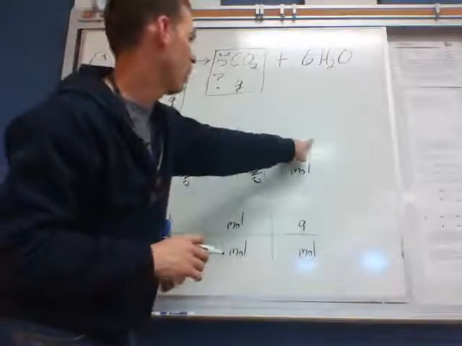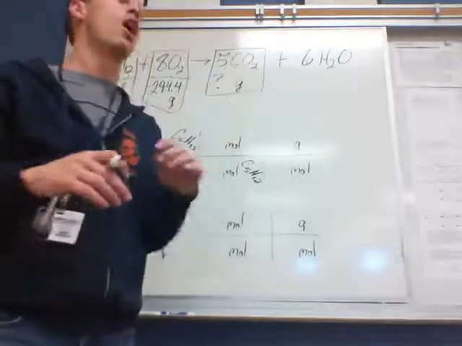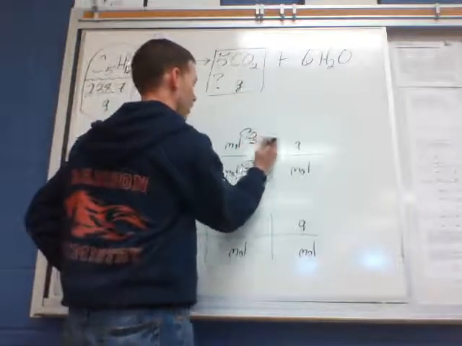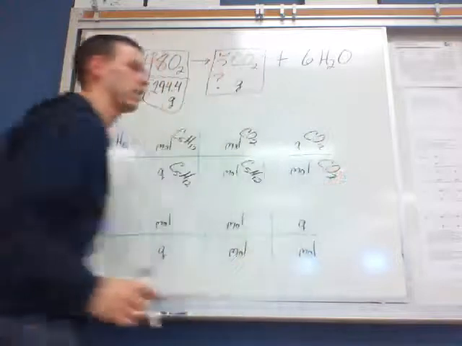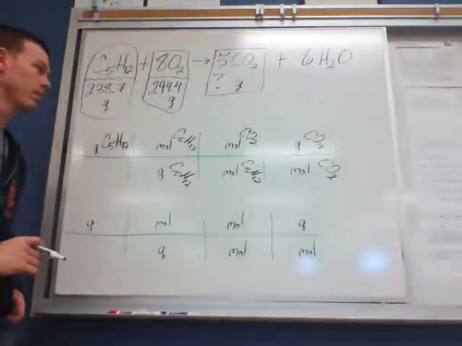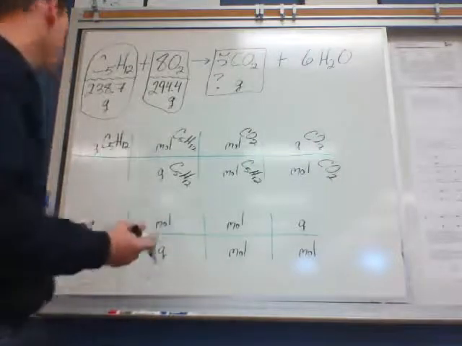And then here's my unknown squares. We chose carbon dioxide to be the unknown for both grids. Remember, we're not going to change the unknown. Go back and put in values.